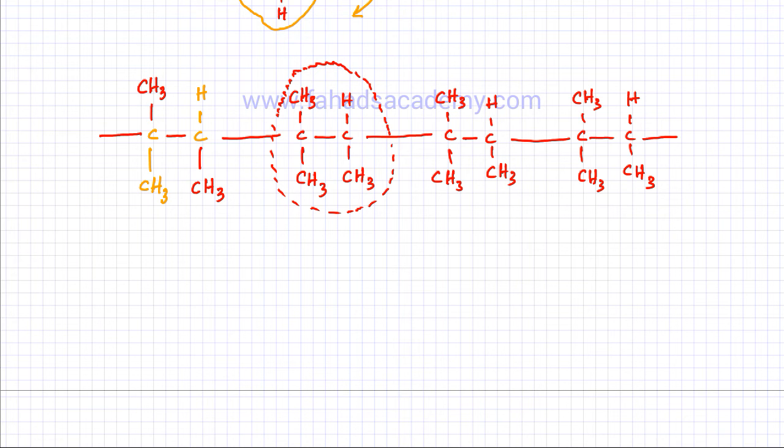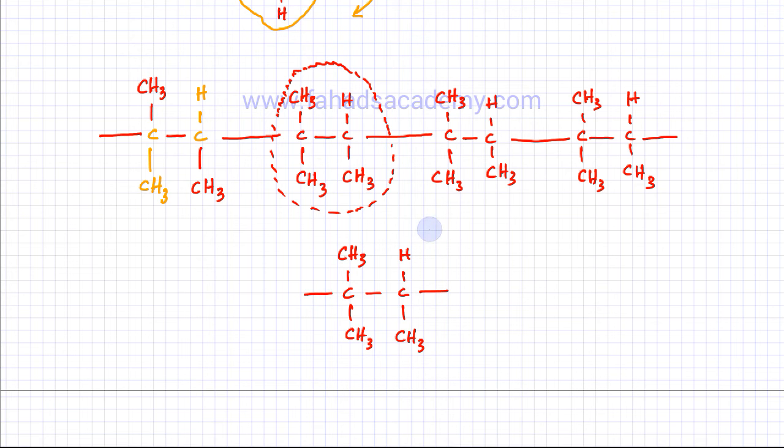This is the repeat unit that's repeating over and over again. It has 2 carbon atoms, an H on top, a CH3 at the bottom, and a CH3 at the top, and a CH3 at the bottom, and they are continuation bonds. And this is a structure that's being repeated over and over again.